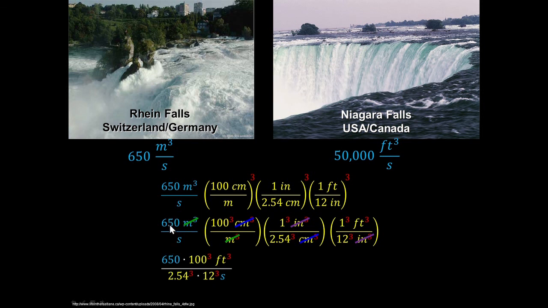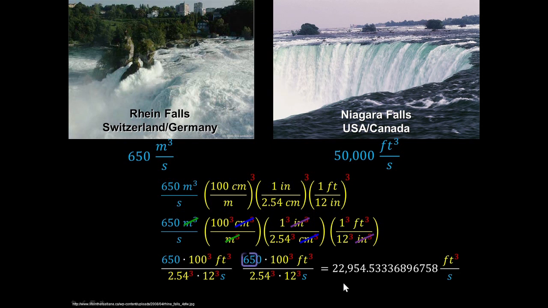So I just have to take that times 100 cubed. I'm not going to bother with this one or that one. It's still just multiplying by 1. But then I'm going to divide by 2.54 cubed, and I'm going to divide by 12 cubed. When I do that, my answer on my calculator says all of those numbers there, but with sig figs, 2 sig figs here, infinite, infinite, and infinite.